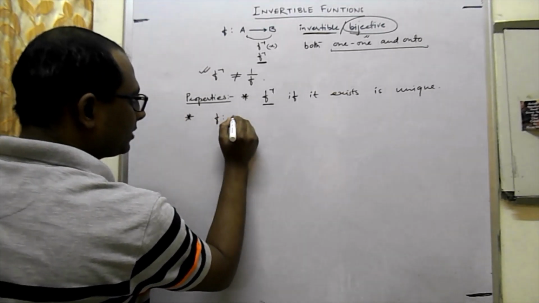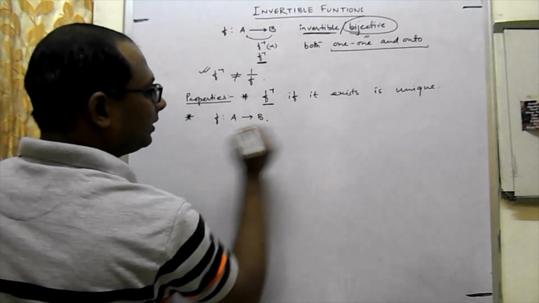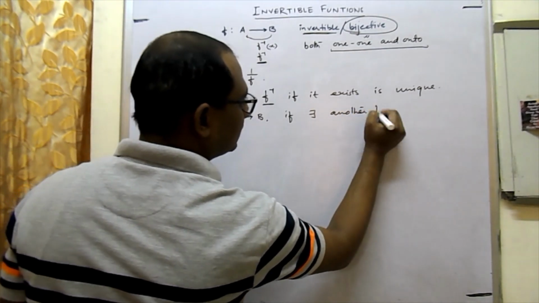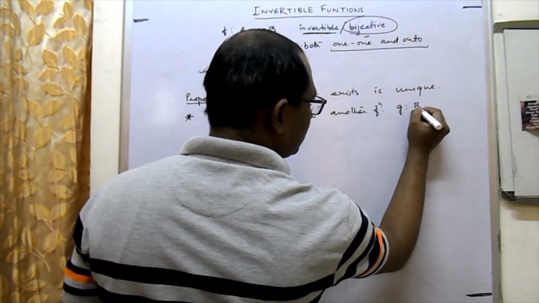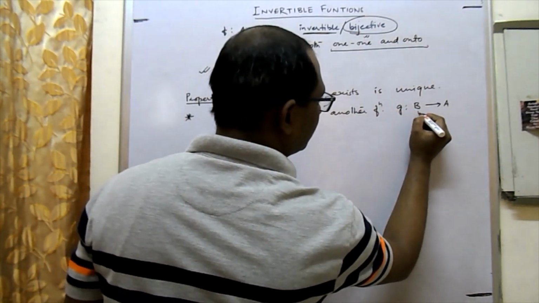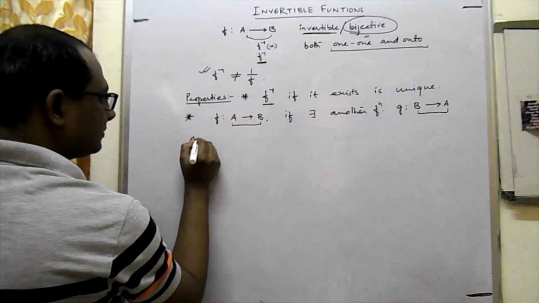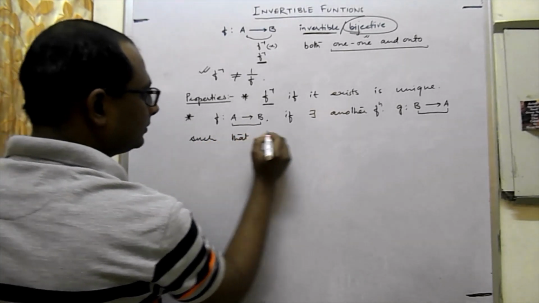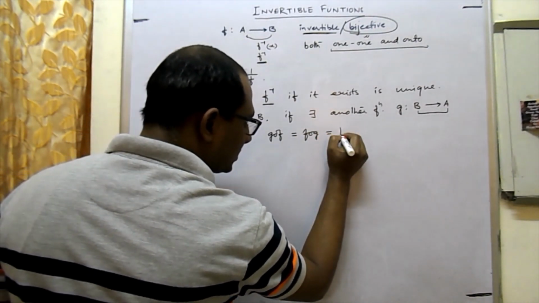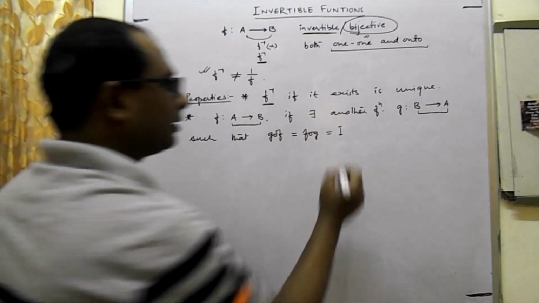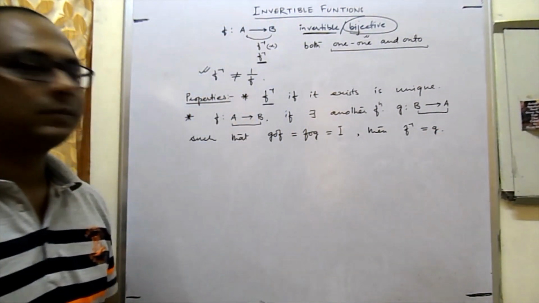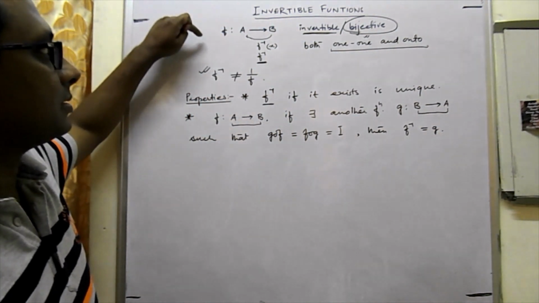For a function f from A to B, if there exists another function z from B to A, this one was running from A to B and this must run from B to A, such that z of f is equal to f of z and both are identity functions, then we say f inverse is equal to z.